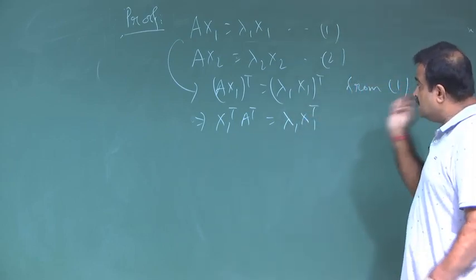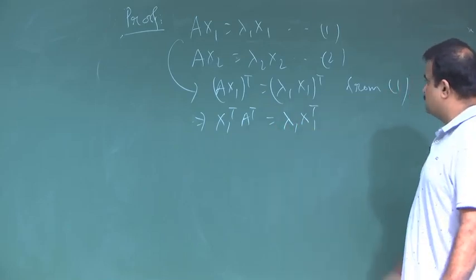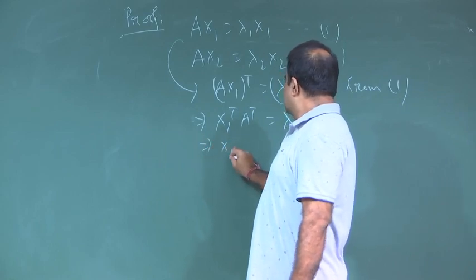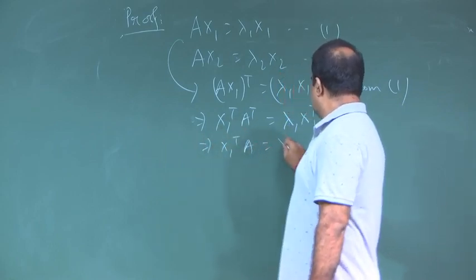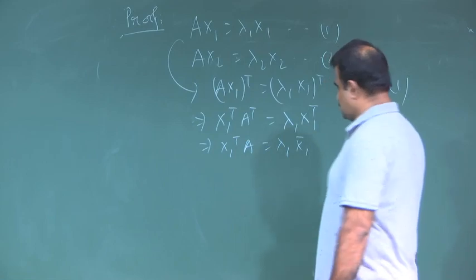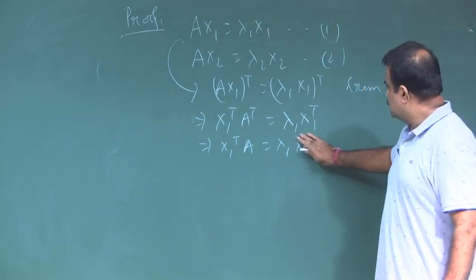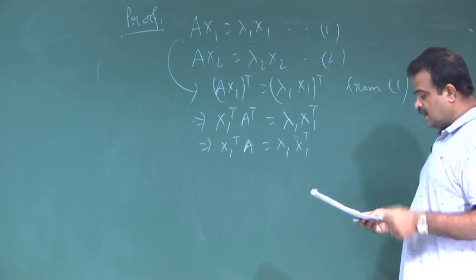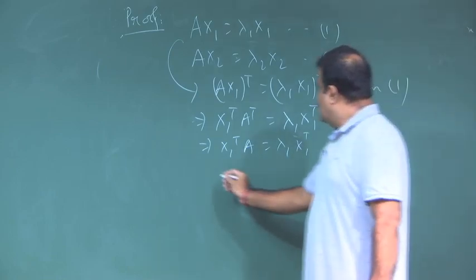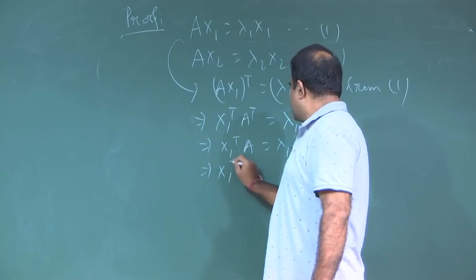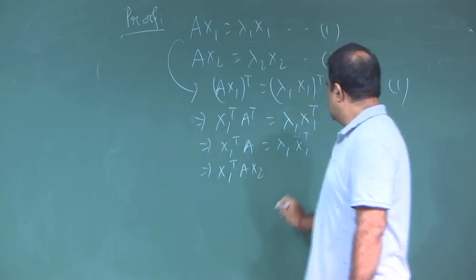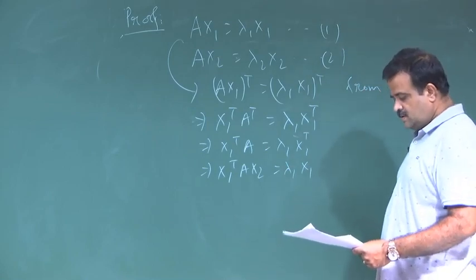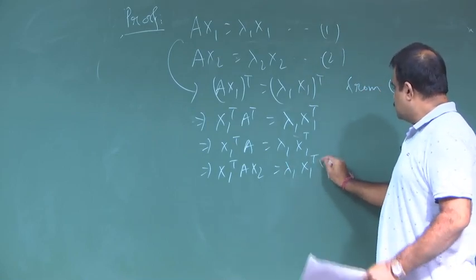And A is a real symmetric matrix, so A transpose is the same as A. So, this implies x 1 transpose A is equal to lambda 1 x 1 transpose. Okay. So, now we want to bring x 2 over here. So, x 1 transpose A x 2 is equal to lambda 1 x 1 transpose x 2.